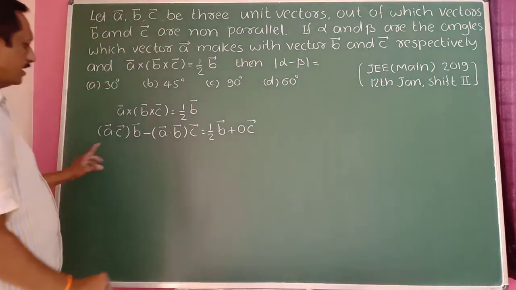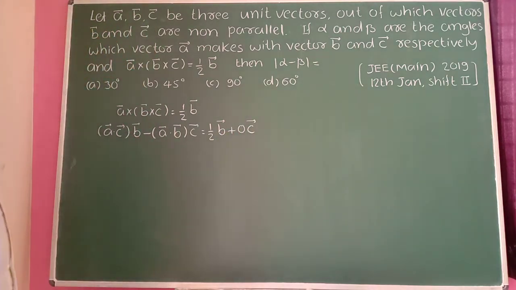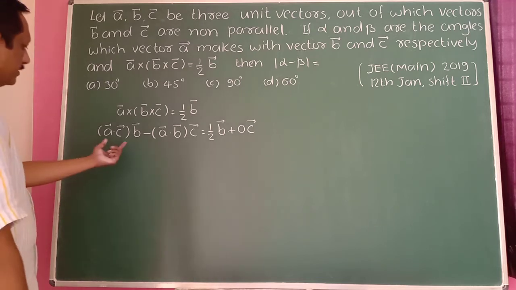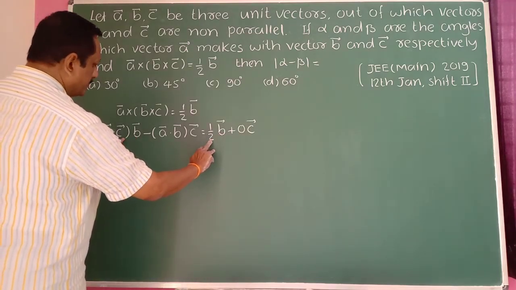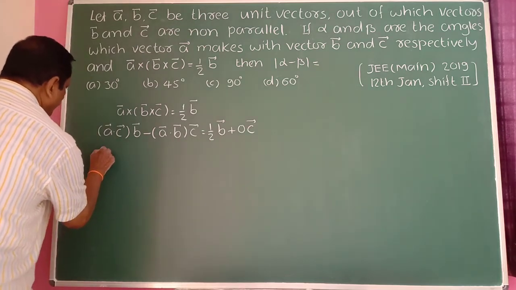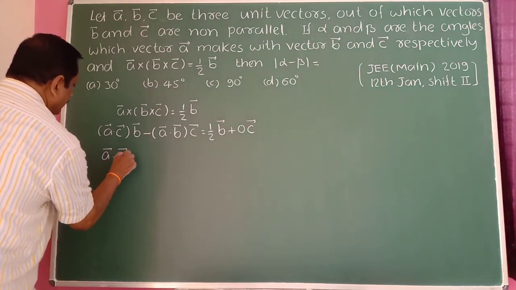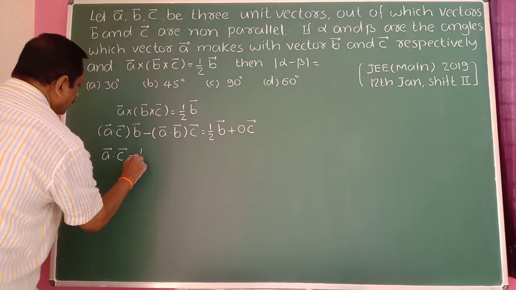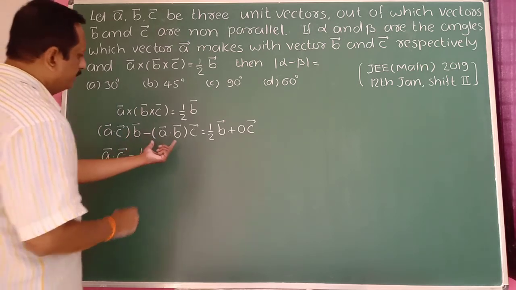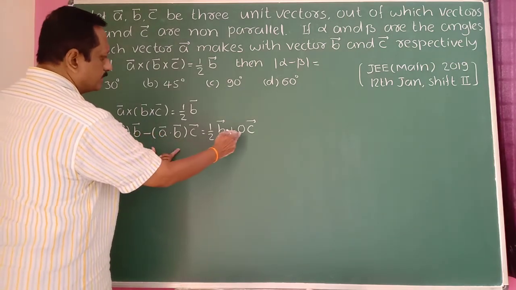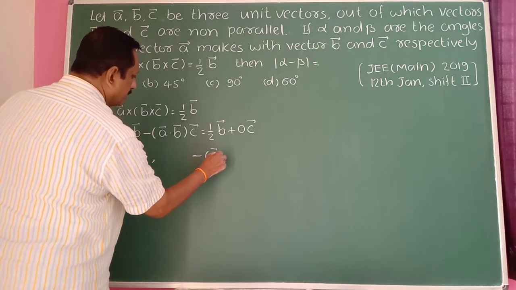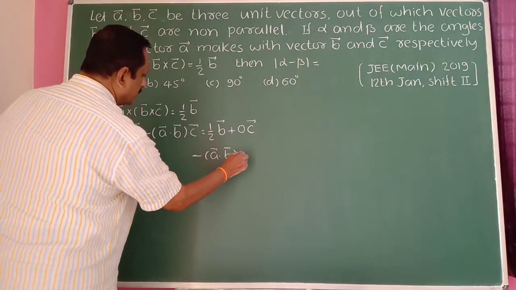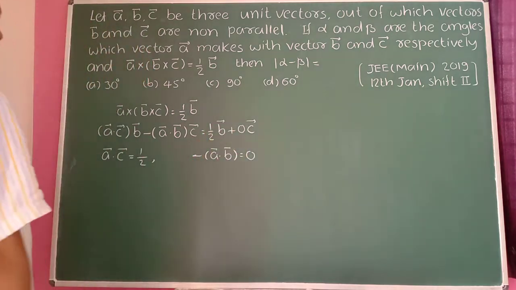Again equating coefficients of B bar and C bar: the B bar coefficient is A bar dot C bar, and here the B bar coefficient is 1 by 2. Hence A bar dot C bar is equal to 1 upon 2. Then minus A bar dot B bar is equal to 0.